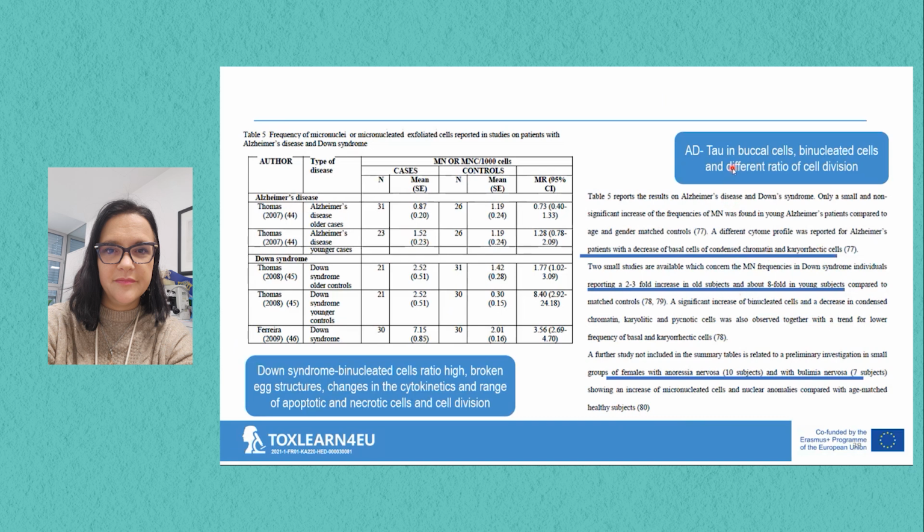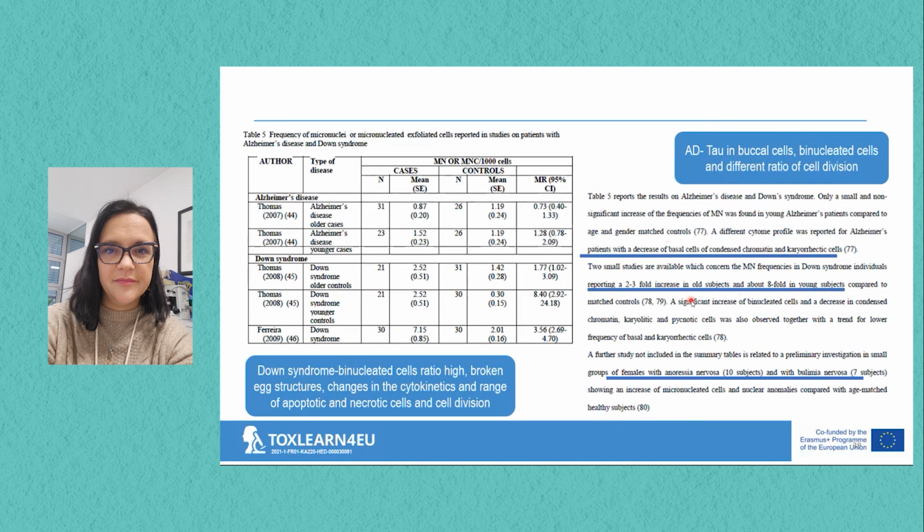And in buccal cells, there was even the possibility to measure the tau levels. And you know that usually tau is measured post-mortem from the brains of the people to actually confirm that they had Alzheimer's disease. So you can measure the tau levels in live patients, and that is a really important thing.